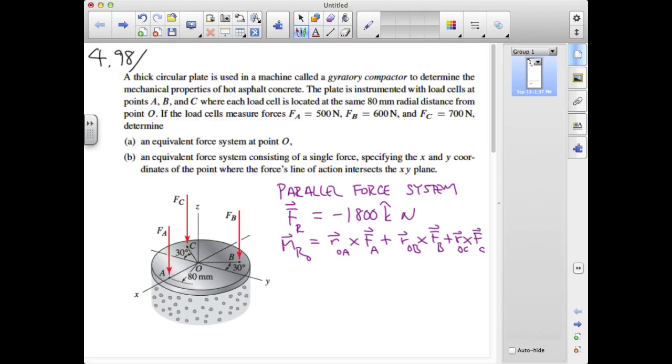If we want to evaluate these with the vector approach, we can do that. It may be just as easy to evaluate them with the scalar approach.